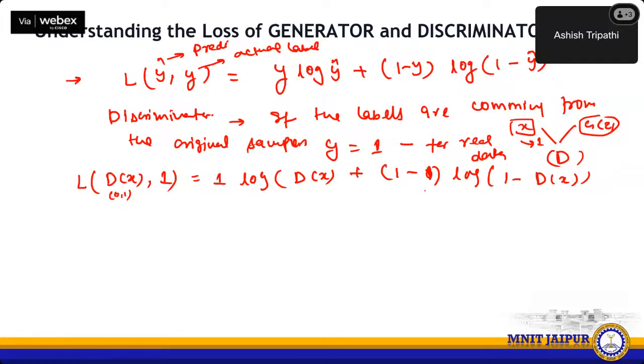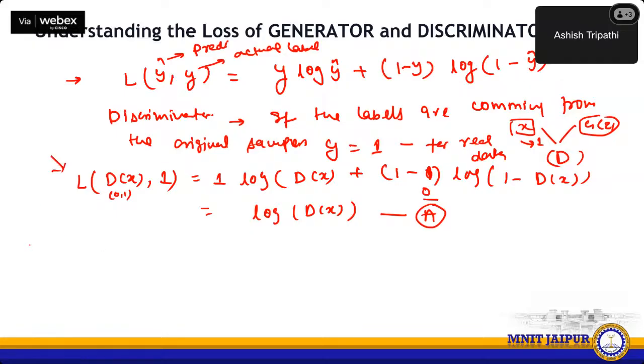What will happen? This is going to become 0. So finally, this component will be log of D of x. Got it? So this is the first thing, A, that I have got. Got the point?